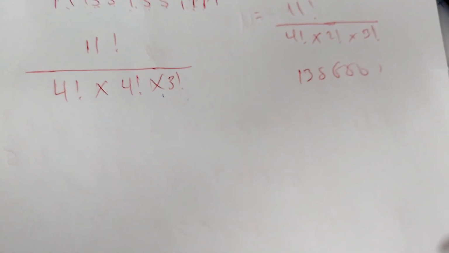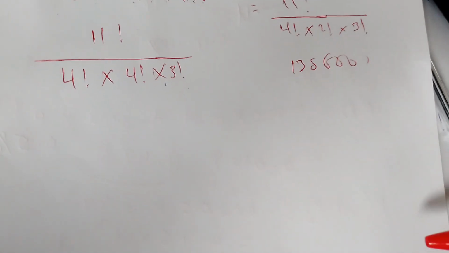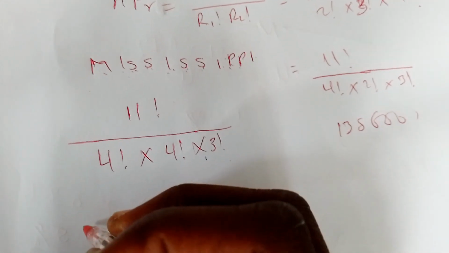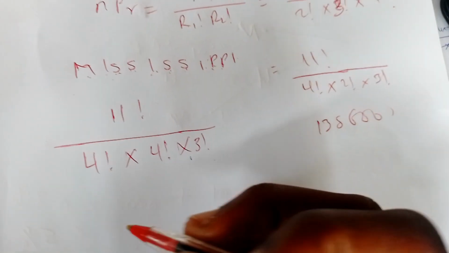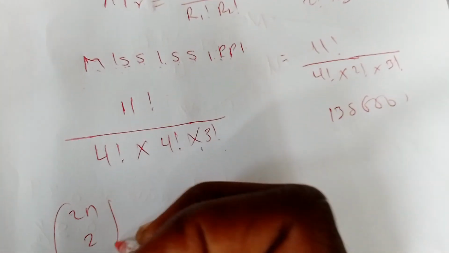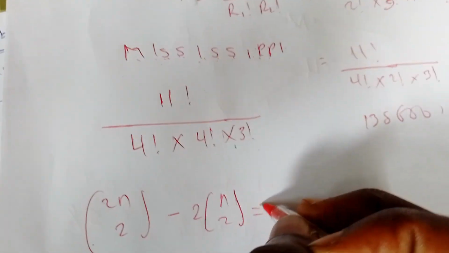Okay, so there's another question in the slide that looks a little interesting. It says show that if n is a positive integer, then 2n combination 2 minus 2 times n combination 2 equals n squared.